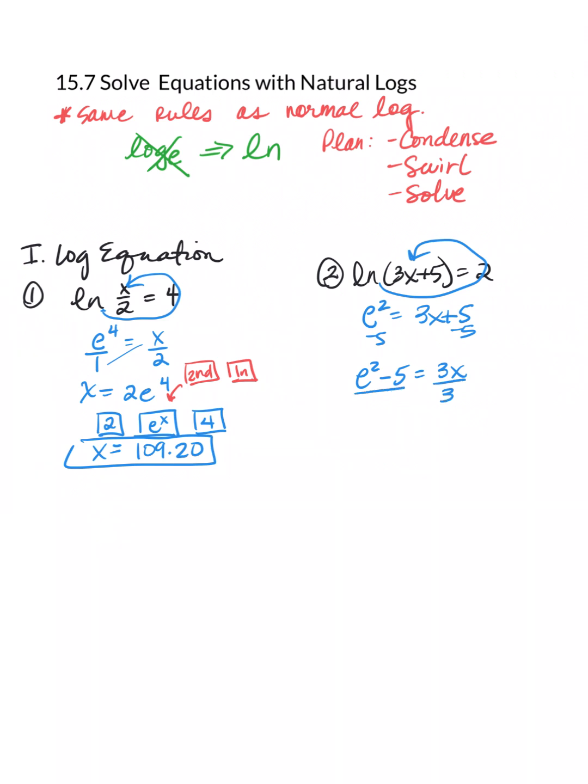Then I'm going to divide by 3. So in my calculator, I want to be really careful. I want to do e squared minus 5. I would encourage you to do these in two separate lines in your calculator. So do the top first and then divide by 3. And remember, we're going to round to 2 decimals. So when I got this, I got 0.80.